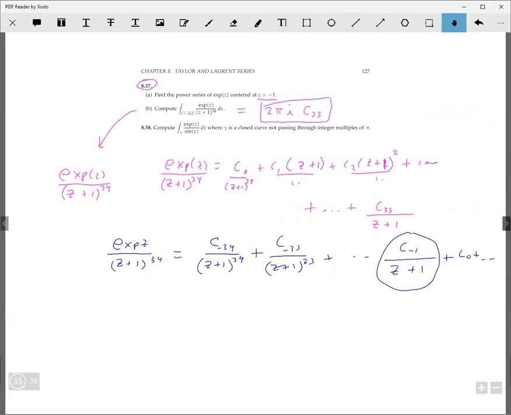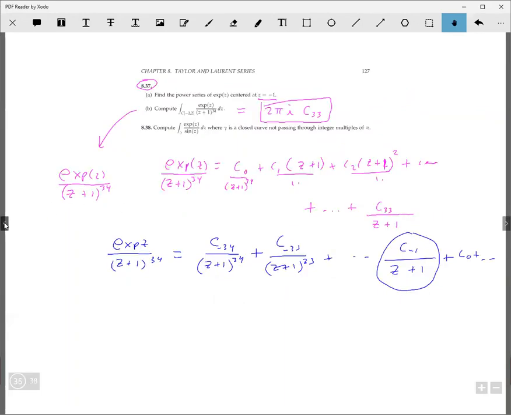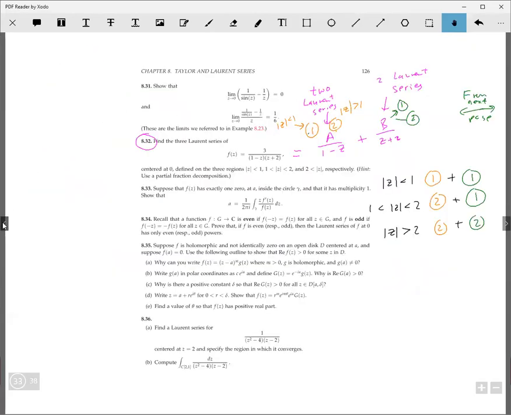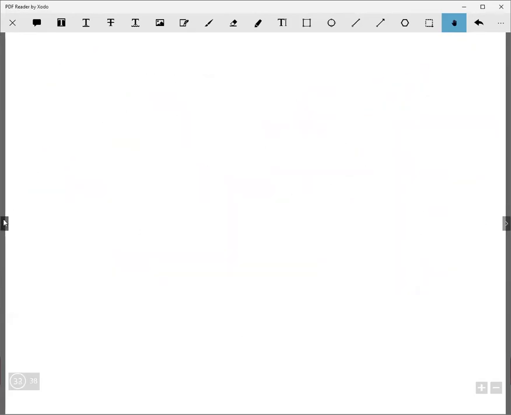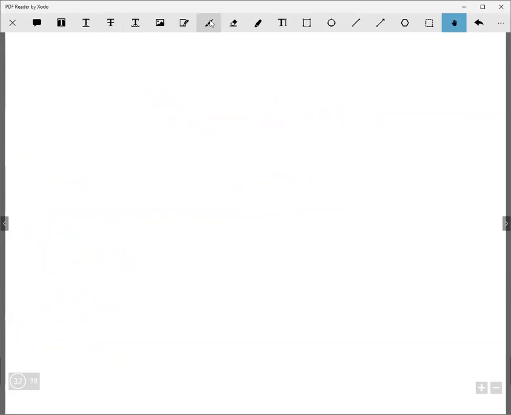One other thing that I want to do is an example of finding multiplicities of zeros of functions, just to give you an idea of how to do that.